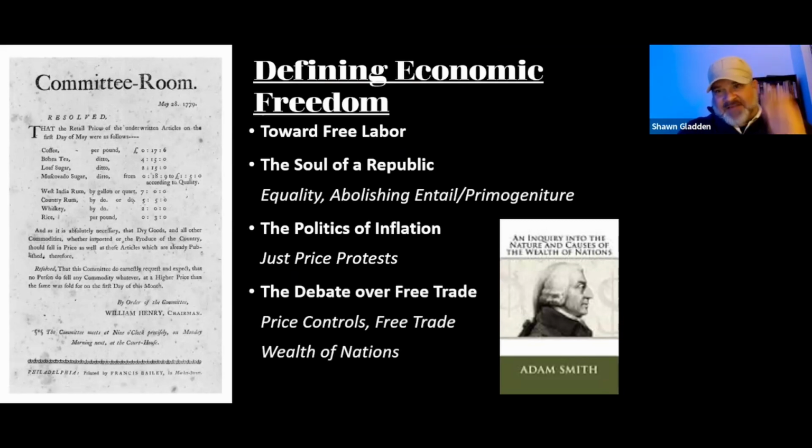The revolution, as we looked at, redefined political liberty, redefined religious liberty, and now how's it going to deal with economic freedom? Central to the revolutionary vision was this idea of free labor and the rejection of any economic practices associated with inherited money or monopoly.